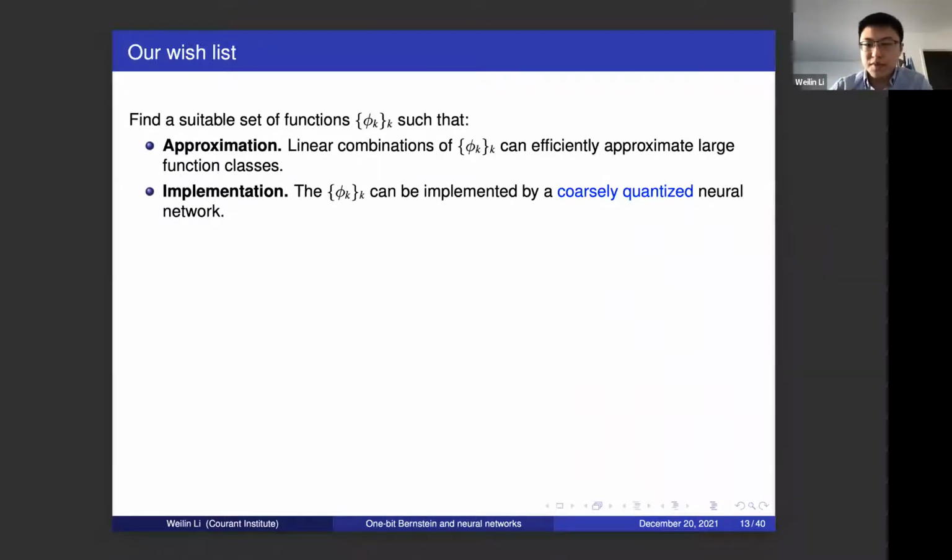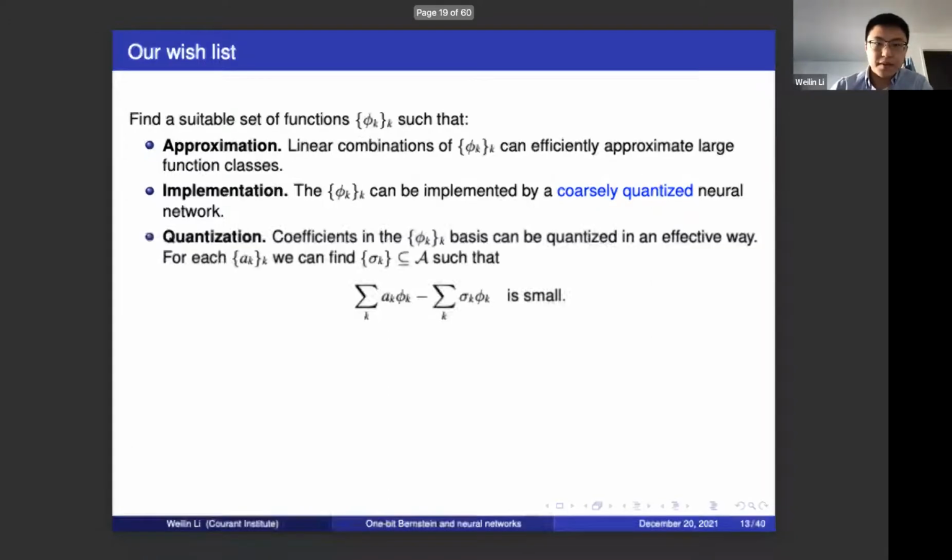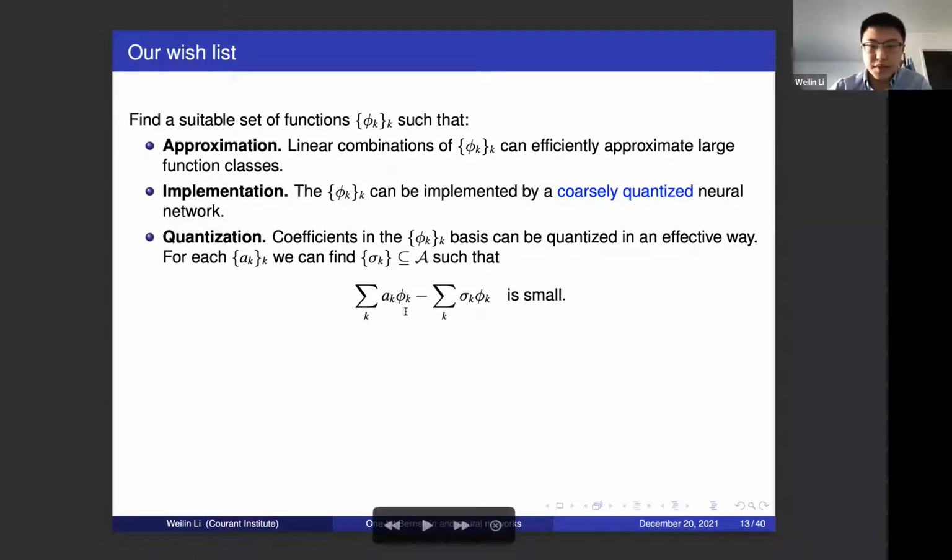If we removed this part in blue, this would just be your usual approximation theory question for neural networks. But now we're adding this additional constraint that they're coarsely quantized, and we also need a third constraint. The third constraint is that coefficients in the phi basis can be quantized in an effective way, by which we mean that if somebody presented us with a linear combination of these phis where the a's are real, then we can find a set of sigmas belonging to our alphabet such that their difference is small.